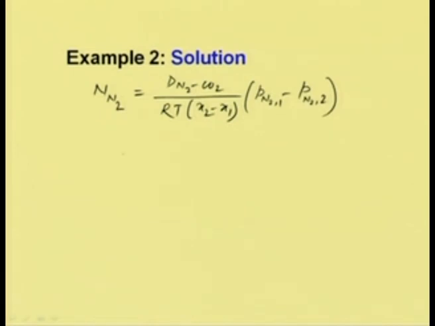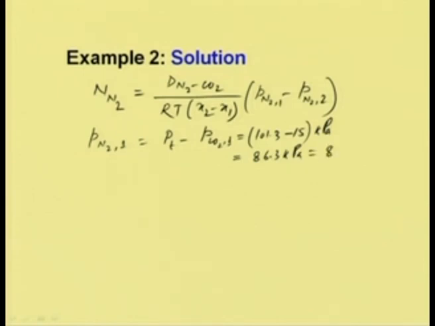Now, P N2 at point 1 will be Pt minus P CO2 at point 1, which is 101.3 minus 15 kilopascal, which is equal to 86.3 kilopascal, that is 86,300 Pascal.